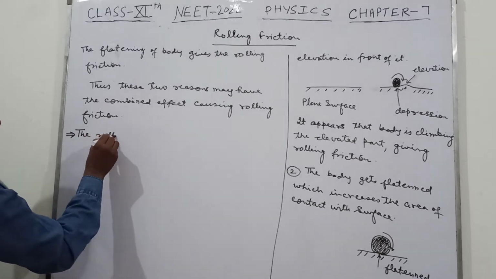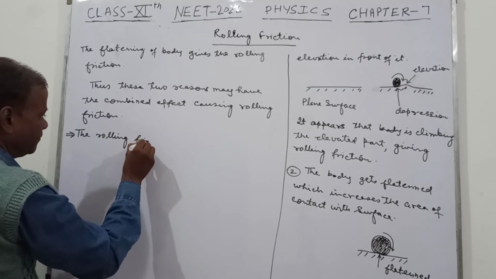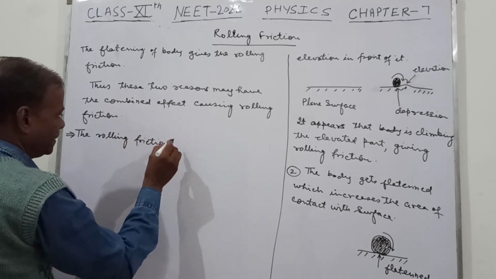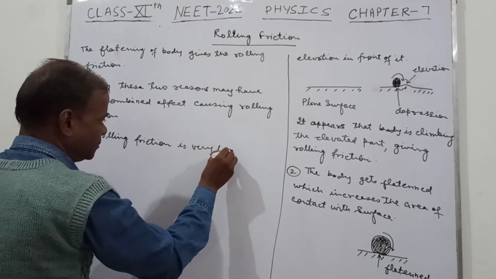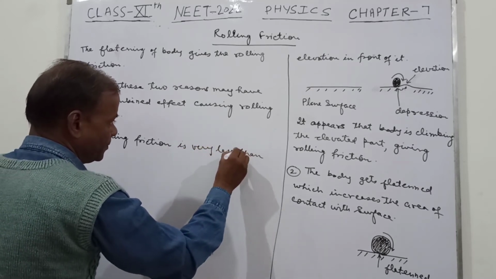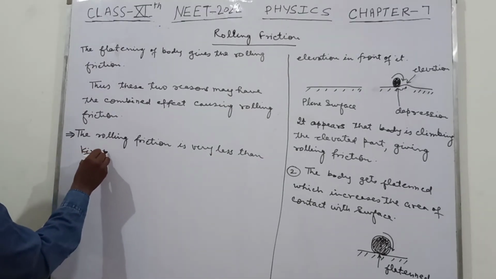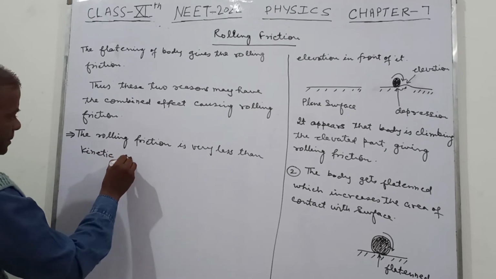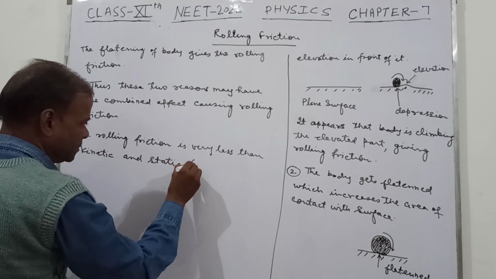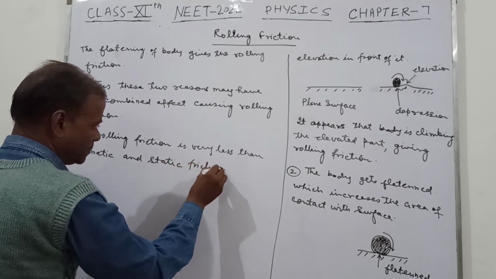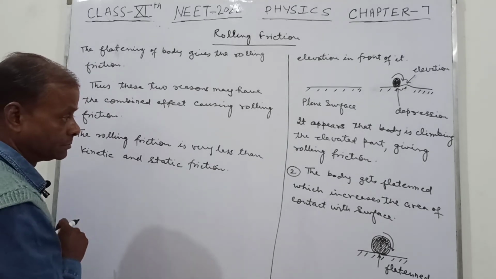The rolling friction is very much less than kinetic and static friction. This rolling friction does not depend upon the area of contact.